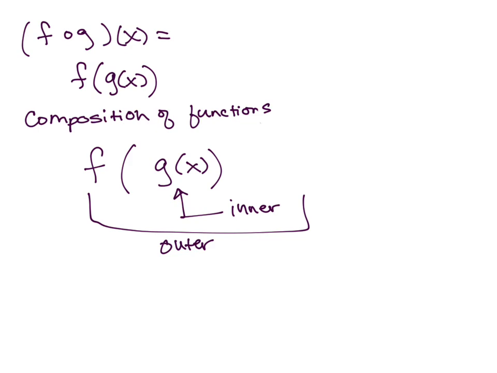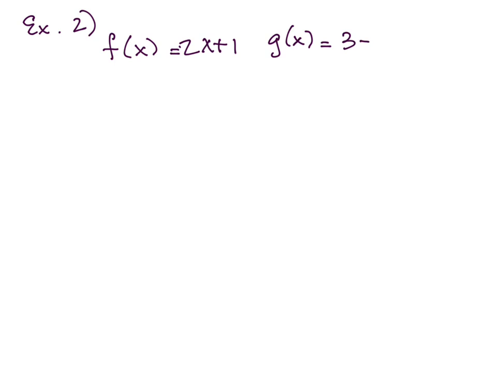So we're going to jump into example 2, and we're going to use these composition of functions. So our first function is f of x equals 2x plus 1, and g of x is equal to 3 minus x.